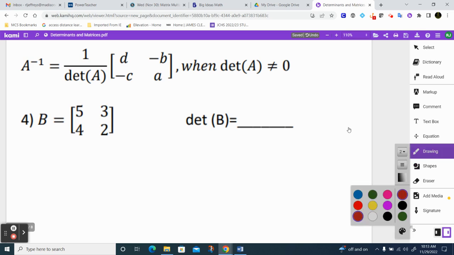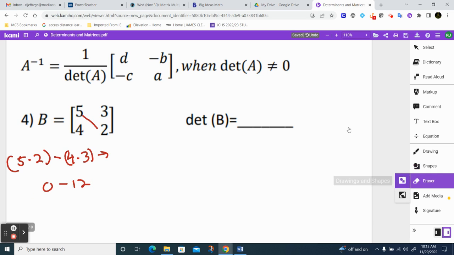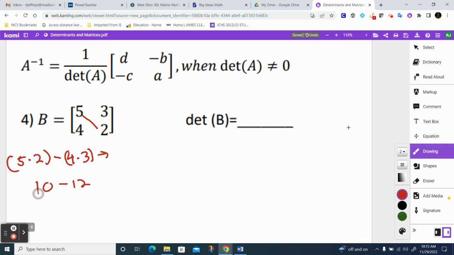So our determinant, let's see, 5 times 2 minus 4 times 3. Okay, so this is 20 minus 12. Oh, nope, sorry, not 20. 10. 10 minus 12, so we get negative 2. So that's our determinant.